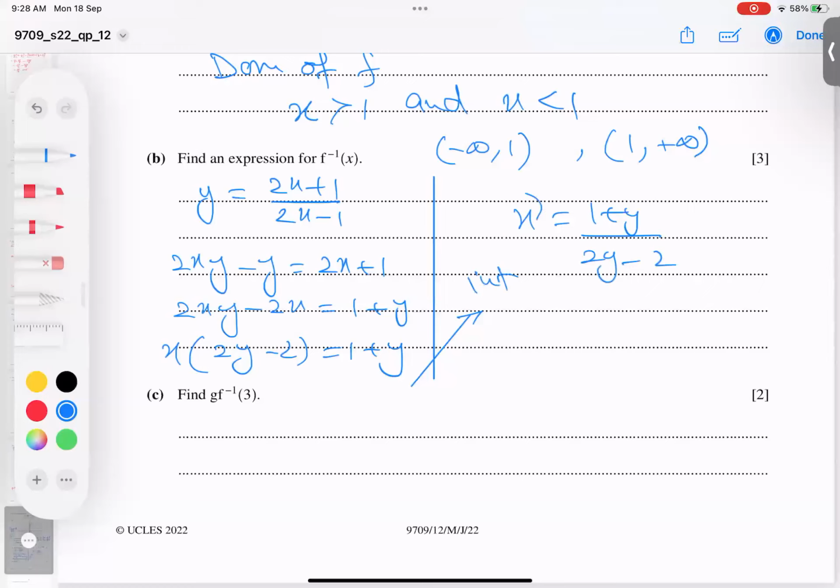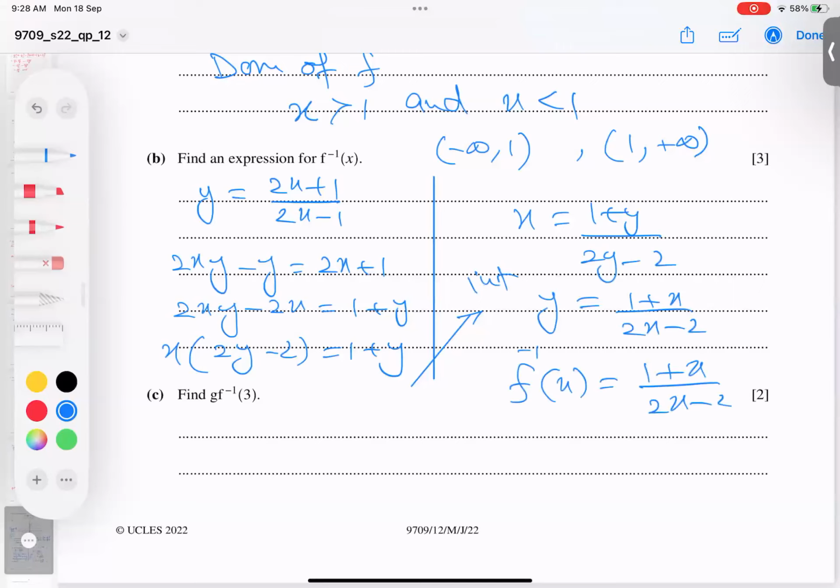Interchange: x becomes y and y becomes x. Then I replace y by f inverse. I believe this is understood; the inverse is very, very clear.